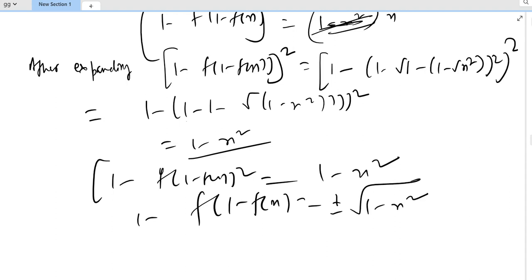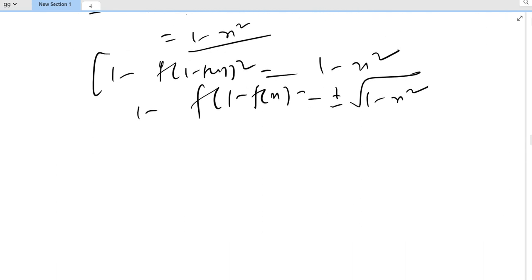Since f(x) is defined in the interval 0 to 1, it follows that it's also defined on the interval 0 to 1. So therefore we must have this greater than or equal to 0.